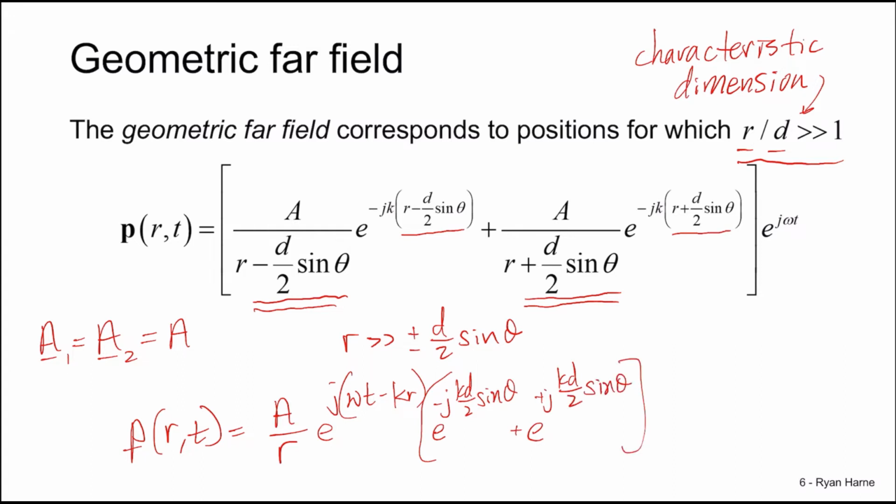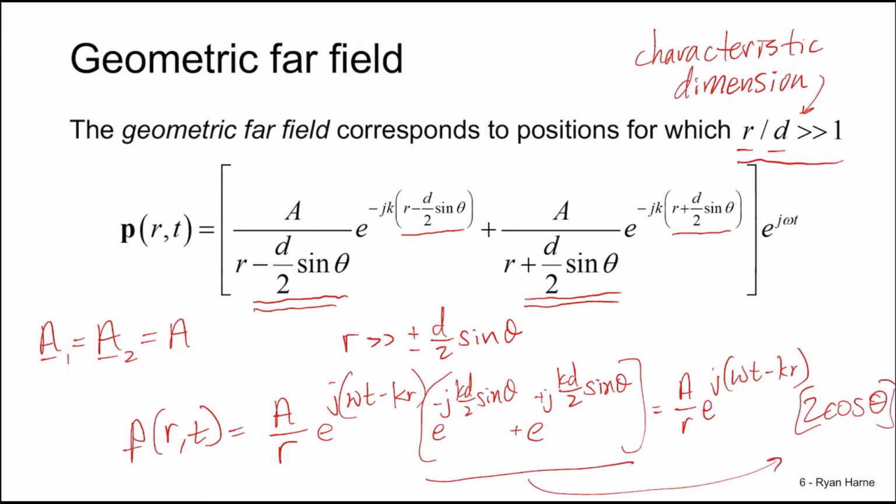This can be further simplified into an equation that reads A on r e to the j omega t minus kr multiplied by what's now simplified in the bracketed term as 2 cosine phi. We use Euler's identity to determine this final component at the right here.